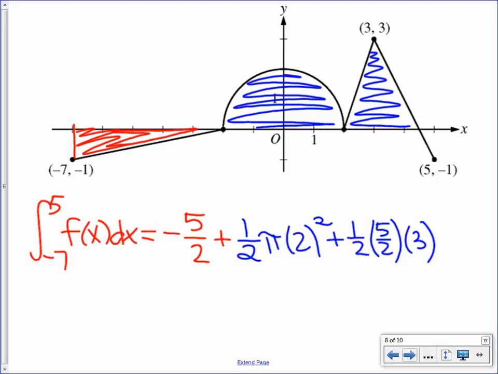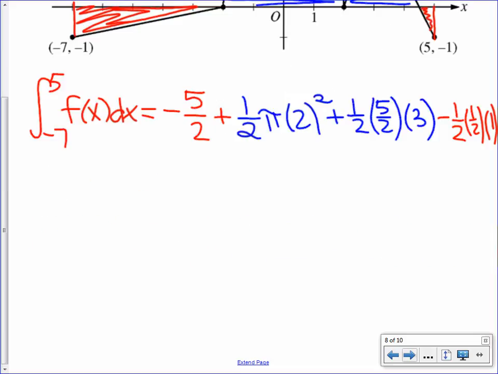And then we have one little bitty triangle here, so we're going to have to subtract 1/2 base times height. So what do we have?